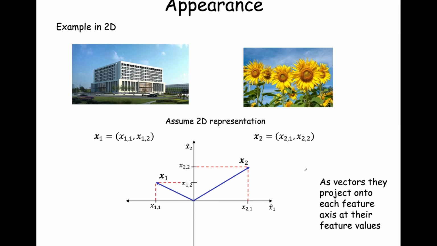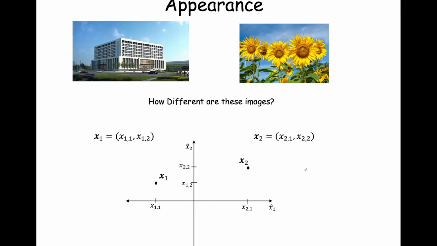And so as vectors, we project onto each feature axis in order to find the feature values that collectively describe the content of each one of these images, which is represented as a point in as many dimensions as we have features. And so we have 2 features here, and therefore we have 2 dimensions.